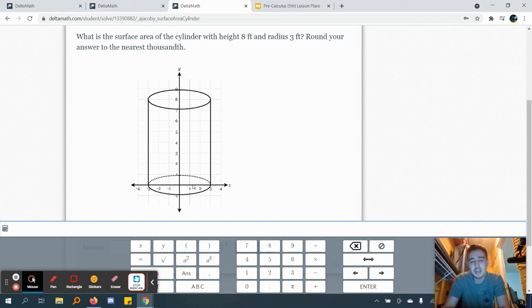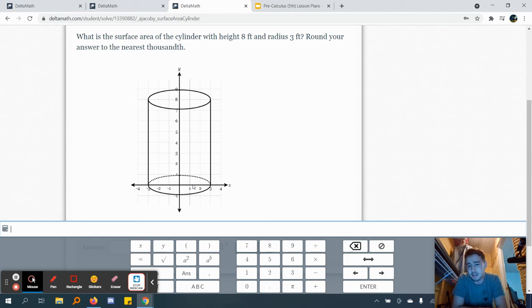Now, if you unfolded the cylinder into a rectangle, I know I've used this example a few times, but consider as if you were looking at a can of soup that had the paper around it.